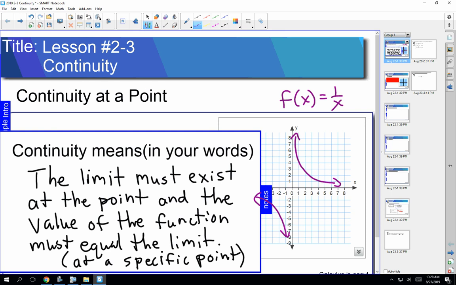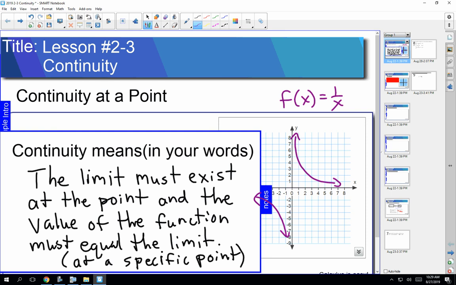So you could essentially say that 1 over x is continuous on its domain, right? Everywhere but at x equals 0, it's continuous. But over the entire domain of real numbers, it is not a continuous function. So for that reason, we would refer to it as not being a continuous function because it's not continuous at every point in the real numbers.